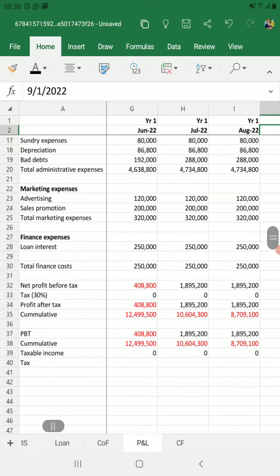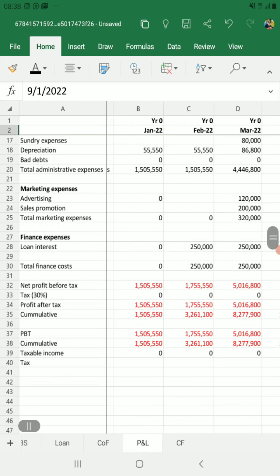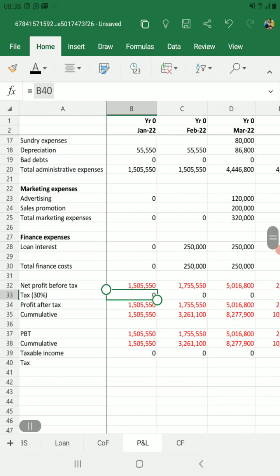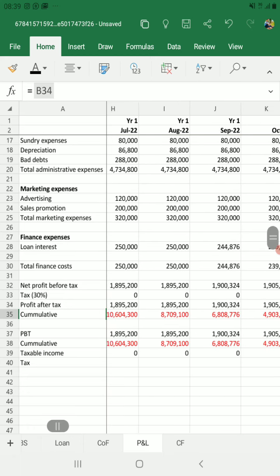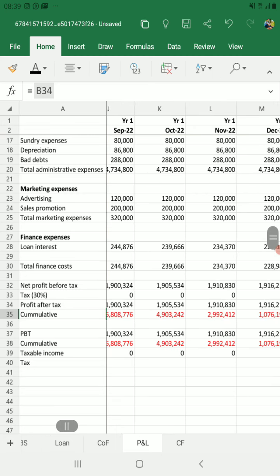In the P&L, for the tax figure we put a formula so that we only charge tax after the cumulative figure of profit after tax is no longer negative. When the cumulative figure is negative, we don't have tax.